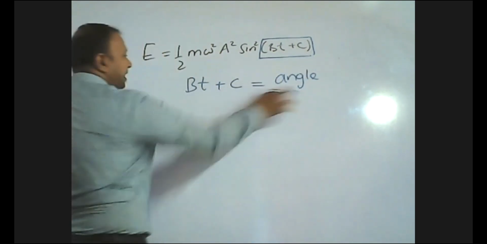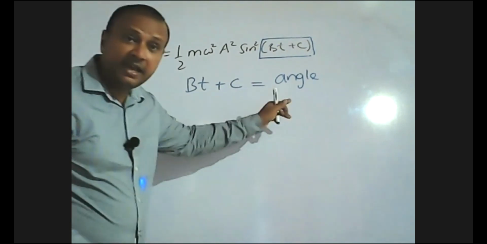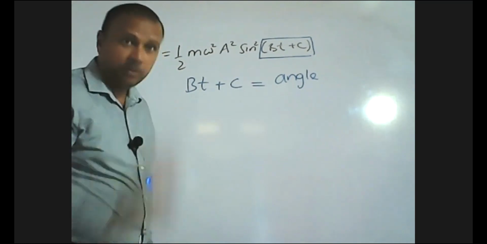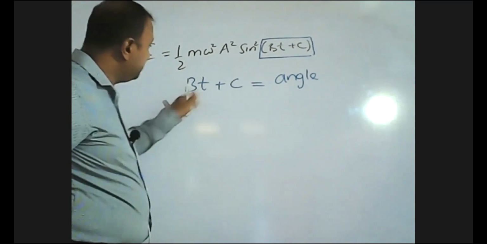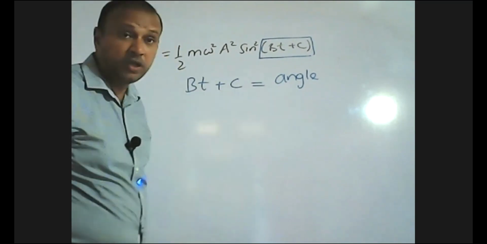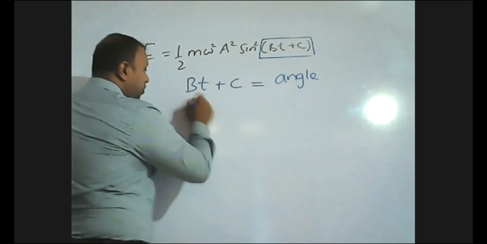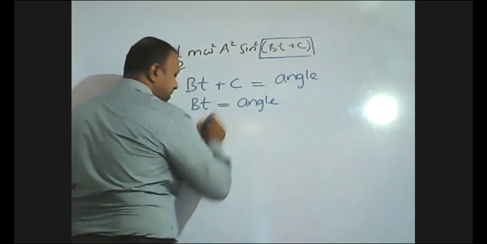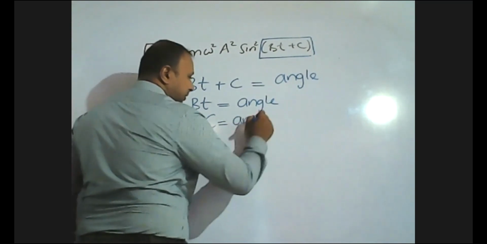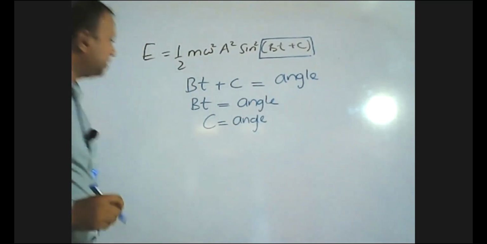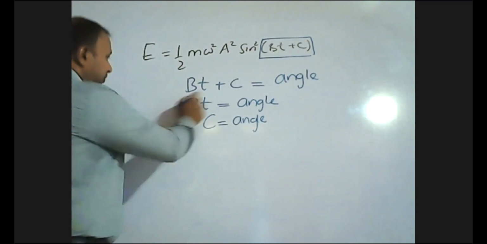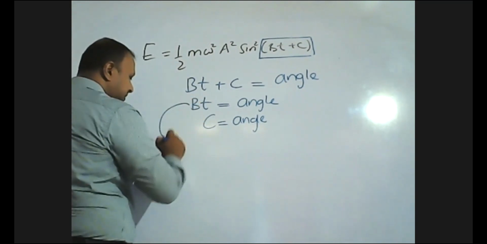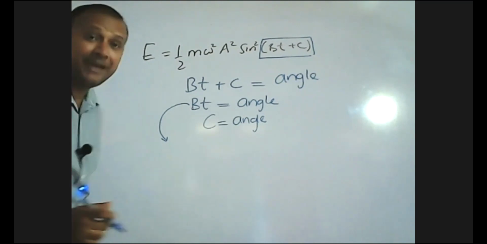If this expression is an angle, all the terms of this equation should have the same dimension. So bt should be an angle and c also an angle. Now we can use this equation to determine the units.